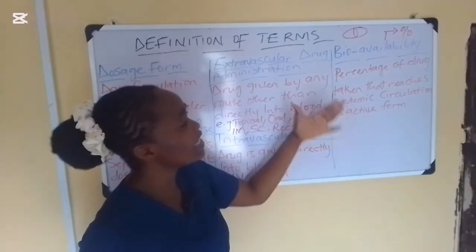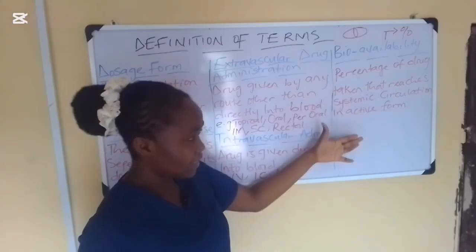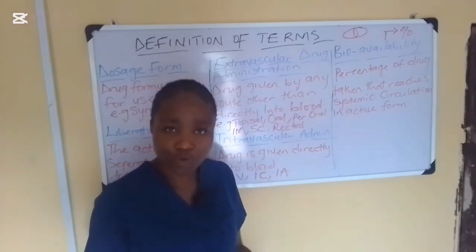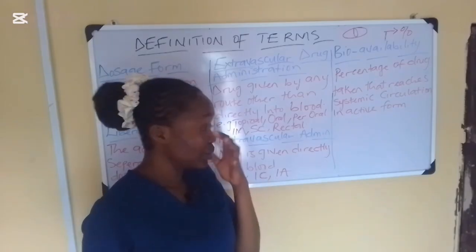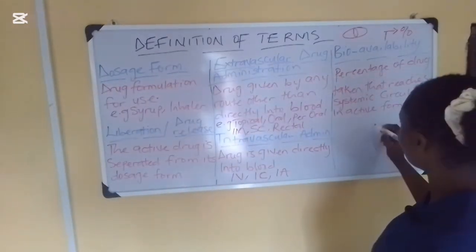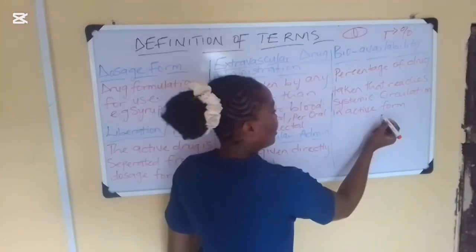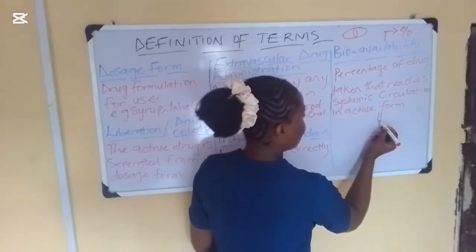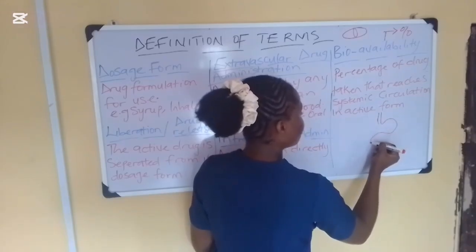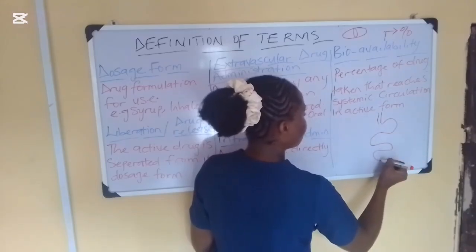Bioavailability is the percentage of the drug taken that reaches systemic circulation in active form. Now, let us imagine that I take in this drug. This is my esophagus, from my esophagus to my stomach.